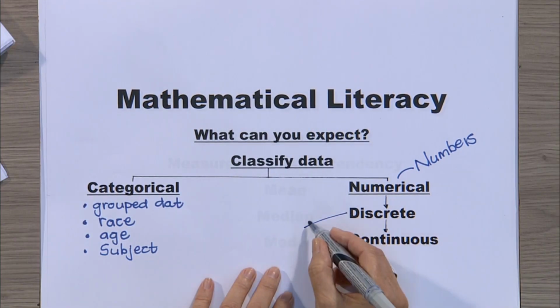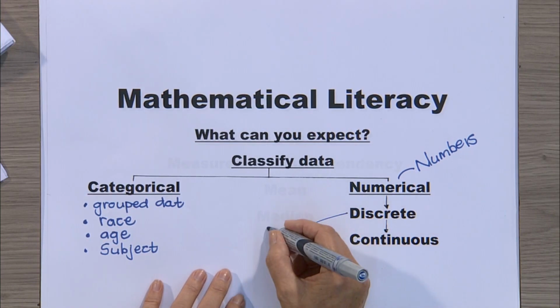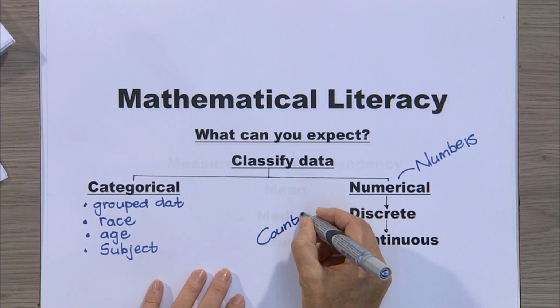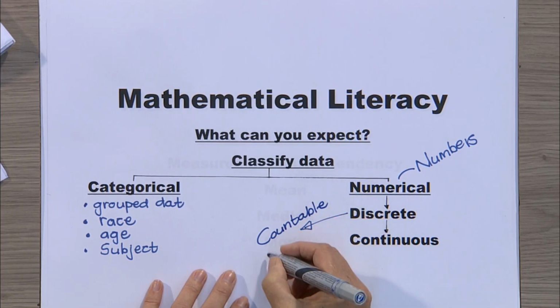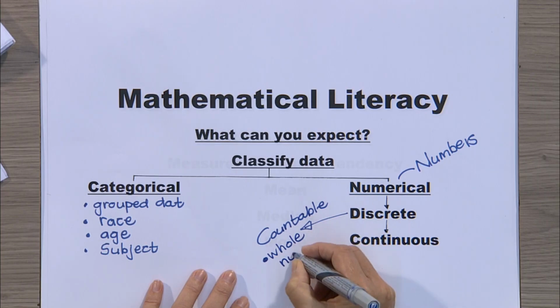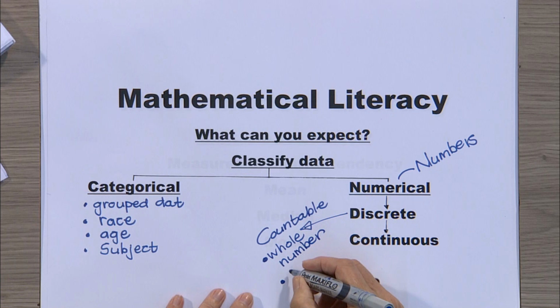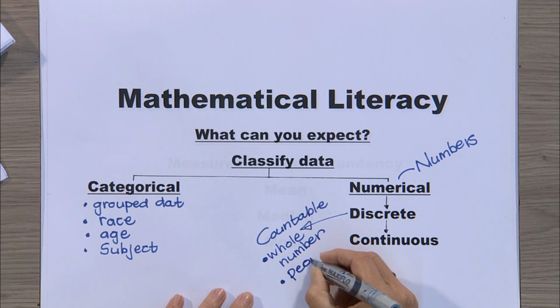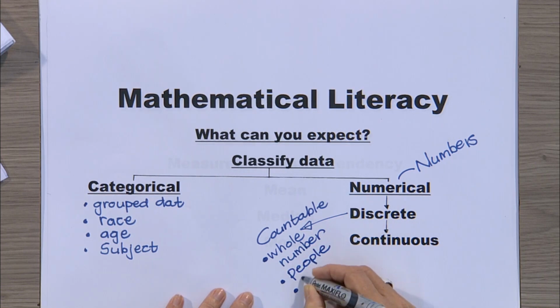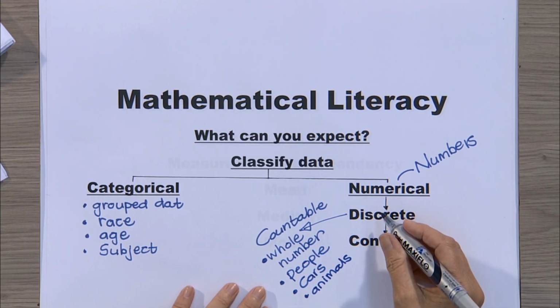So what is discrete data? Discrete data is countable, and it must be whole numbers. People will fall under this. Cars, if you count cars. If you count animals. These are all discrete data.